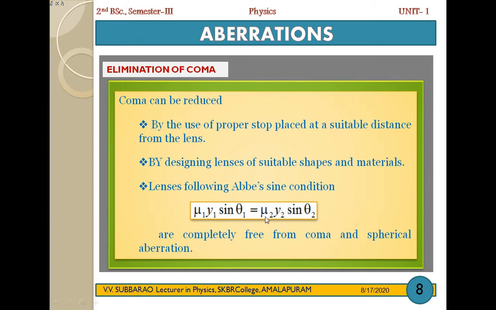Here mu1 and mu2 are the refractive indices of the media on either side of the lens system, y1 is the height of the object, y2 is the height of the image, and theta1 and theta2 are the angles made by the incident and refracted rays.